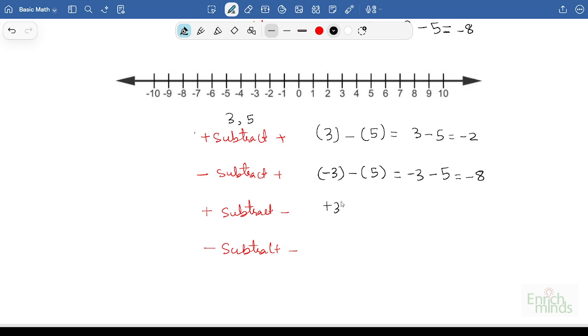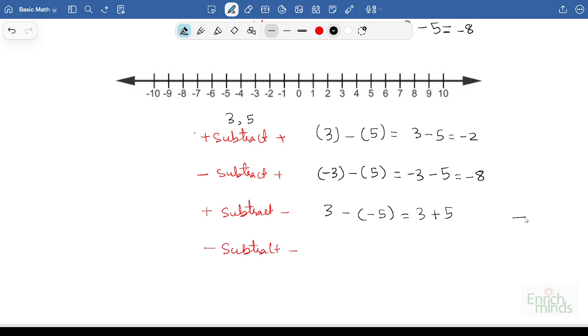Next case is you're subtracting a negative number from a positive number. Now what happens here? In this case, when you're taking away a negative number from any number, whether it's positive or negative, it's as good as you're adding those numbers.